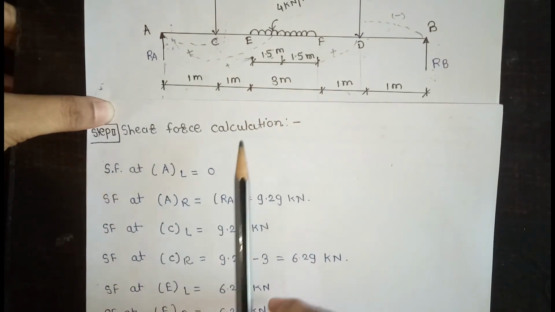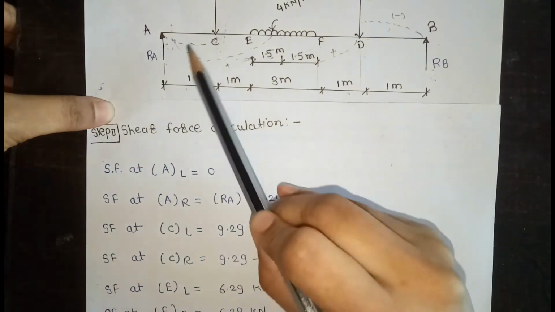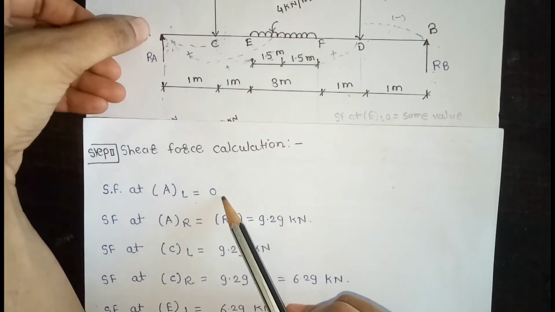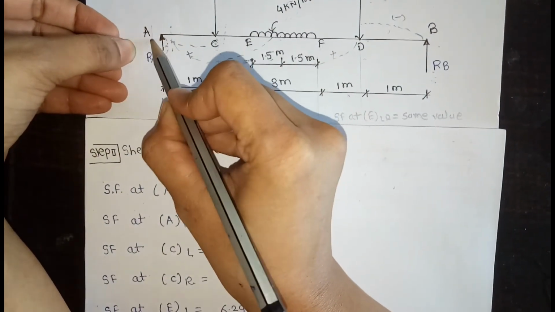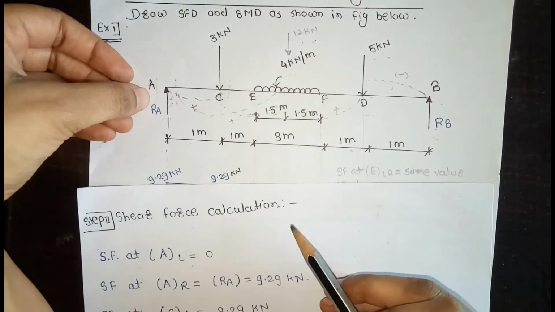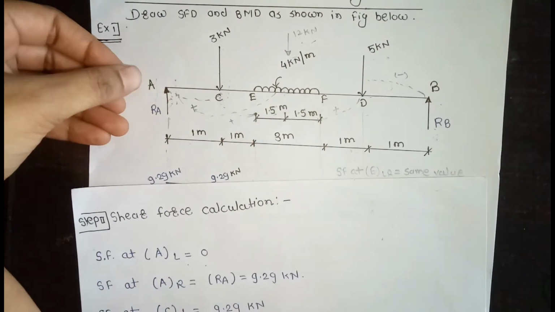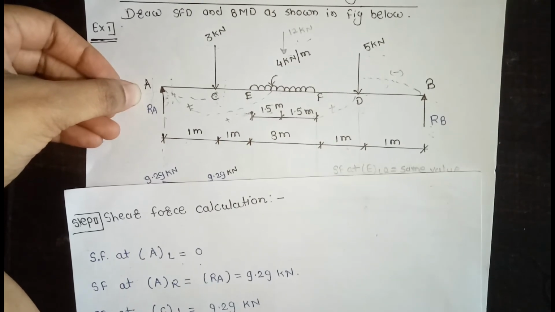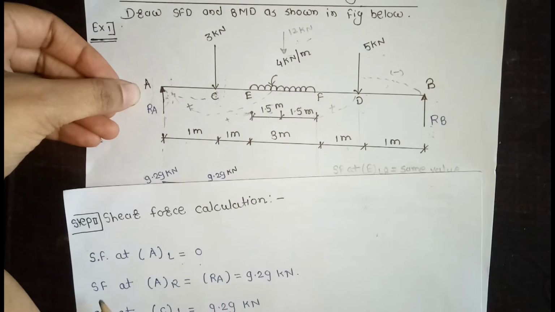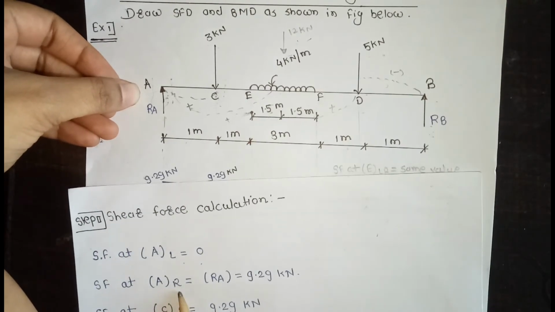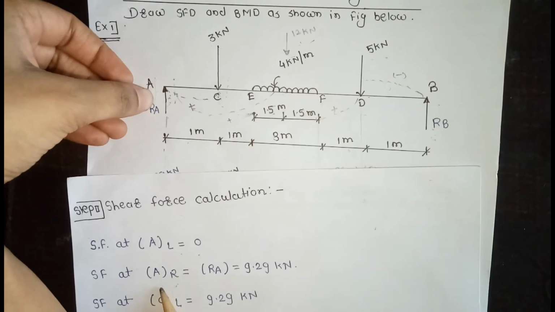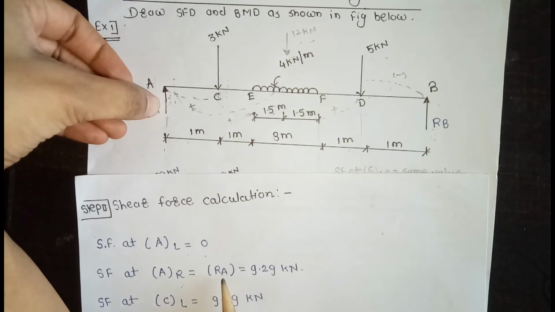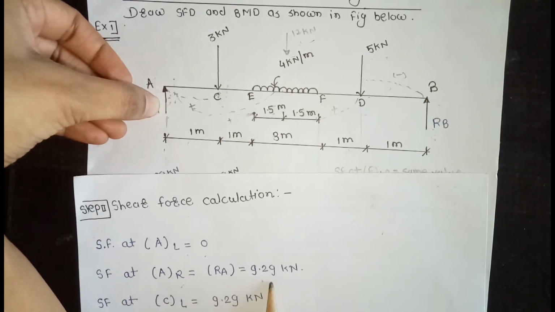Then shear force at point A: shear force at A left is equal to 0, as there is no force to the left of point A. Then shear force at A right is the force which acts at its own point. Upward force is taken as positive, meaning RA is equal to 9.29 kN.